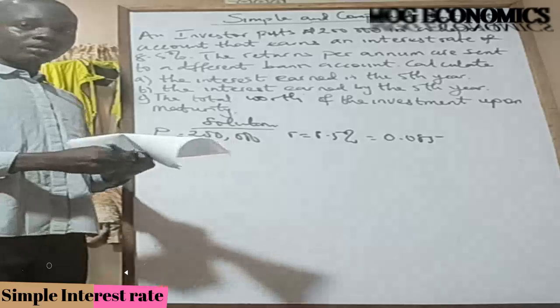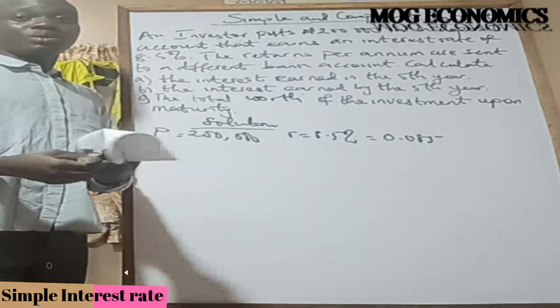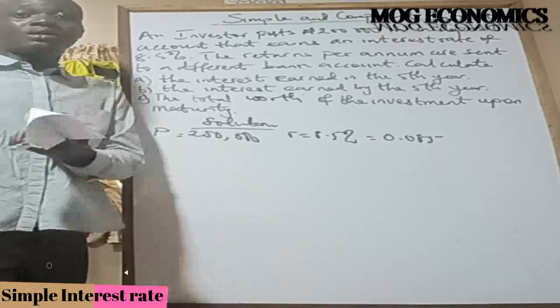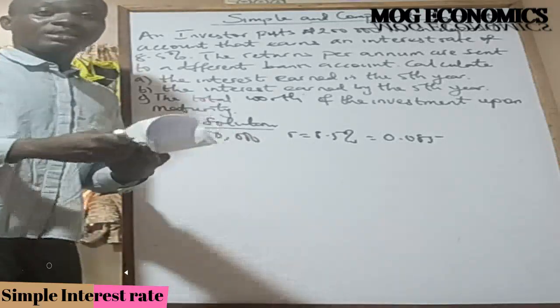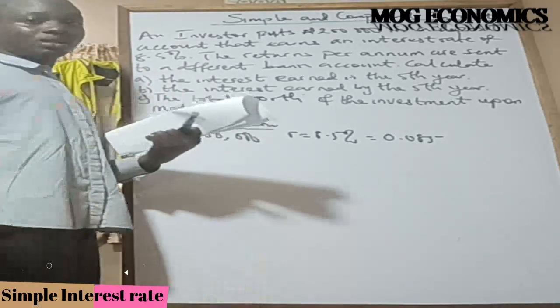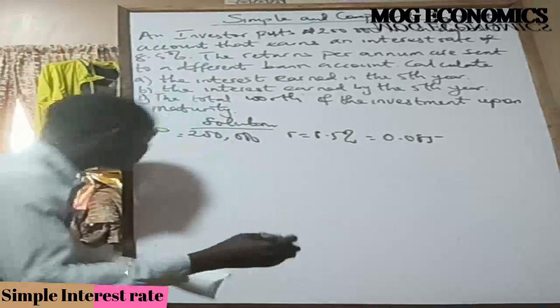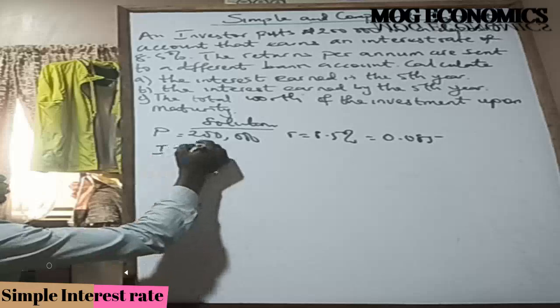So for A, for the fact that you're separating the money to a different account, it simply means that the interest earned in all years is the same, right? So the interest in year 1 is the same as in year 2, year 3, year 4. So once we calculate the interest for year 1, we know the interest for the remaining years. So we use simple interest, because we didn't allow this to compound.